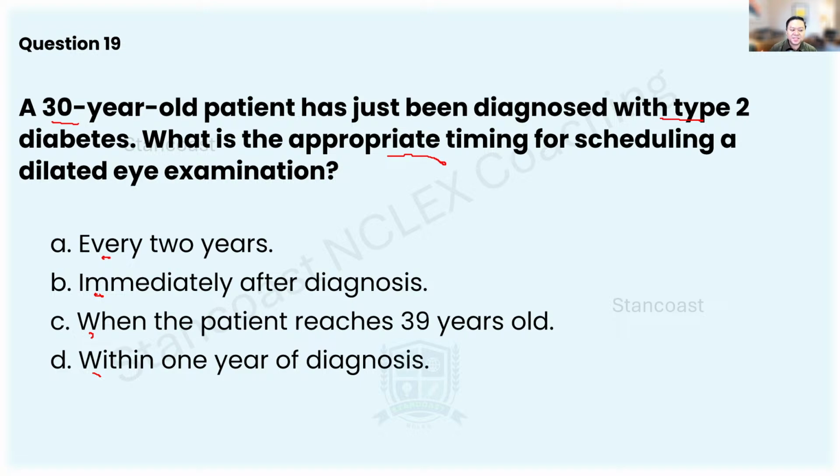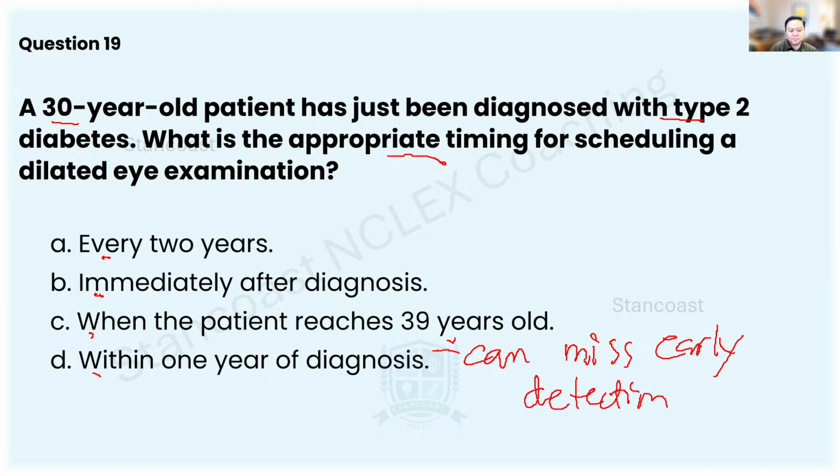This is going to miss the opportunity of early detection. Because if they're allowed within 1 year, it could be 8 months after the diagnosis, 9 months, or it could be 11 months after the diagnosis. This is not going to allow early detection, because we know that eye problems can actually happen within a year span. And so we are not going to select letter D, not the best option.